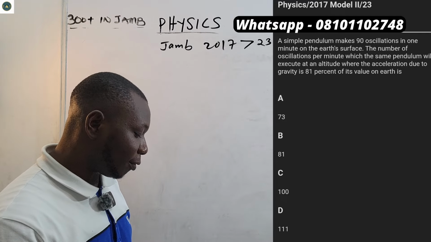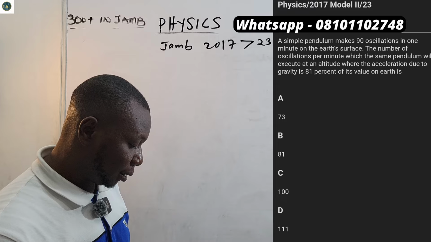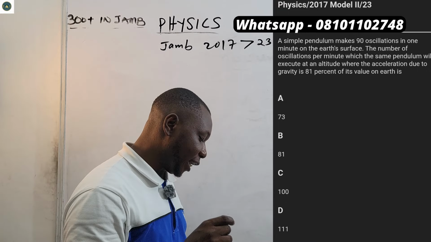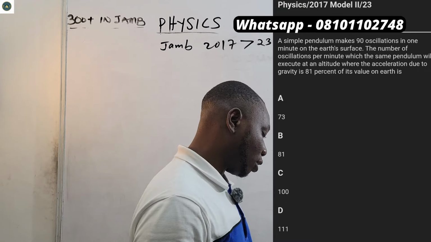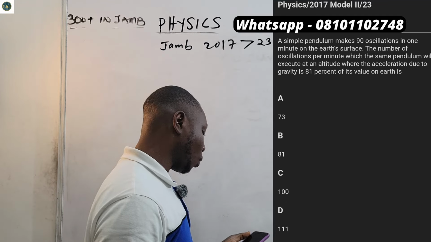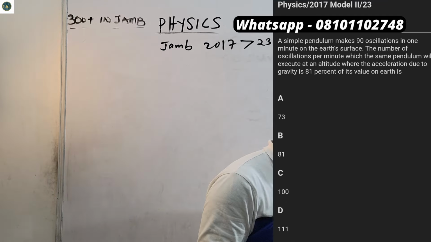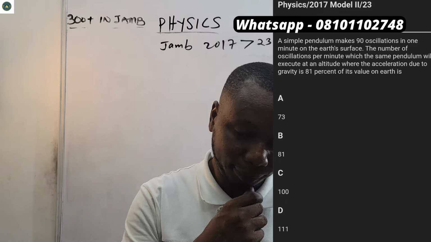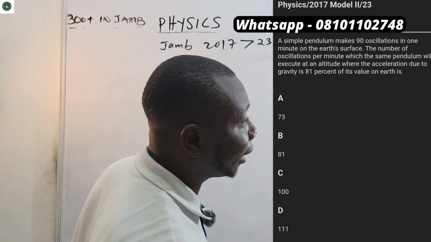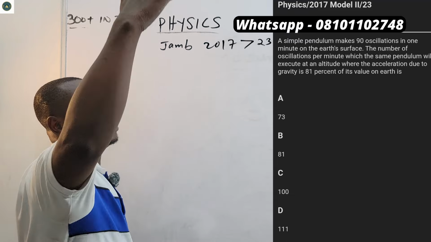Now, the number of oscillations per minute which the same pendulum will execute at an altitude where the acceleration due to gravity is 81% of its value on Earth. So what does that mean? Here, you are above the Earth now.